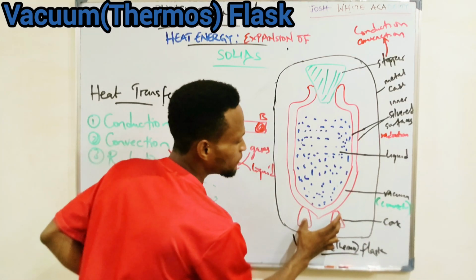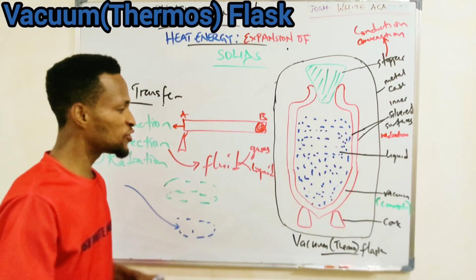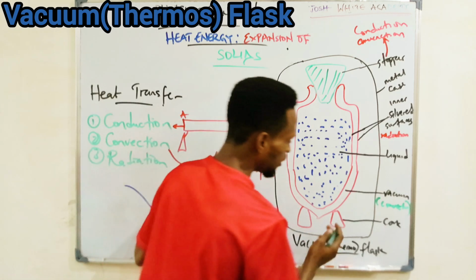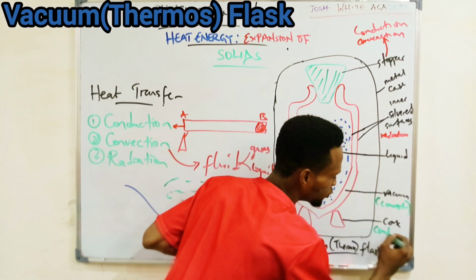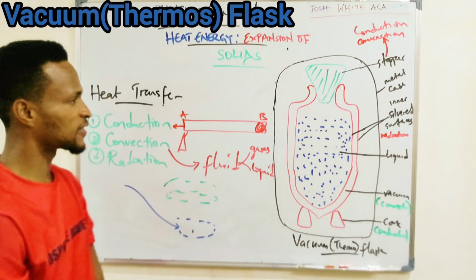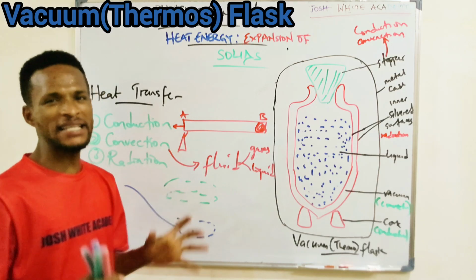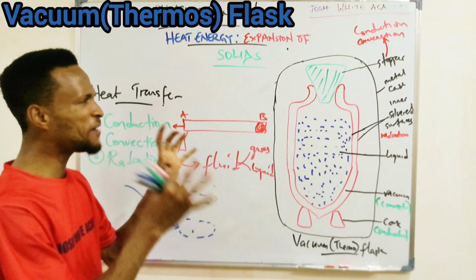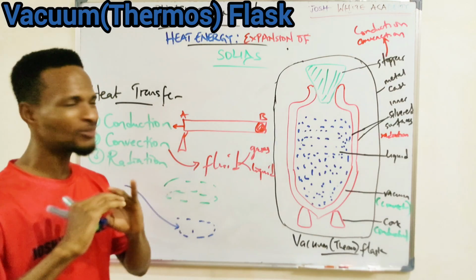Now the cork at the bottom, which is also a poor conductor, prevents heat loss from this metal surface by conduction. So all of these mechanisms, all of these parts, is what makes our vacuum flask keep its contents at a fairly constant temperature over a period of time.